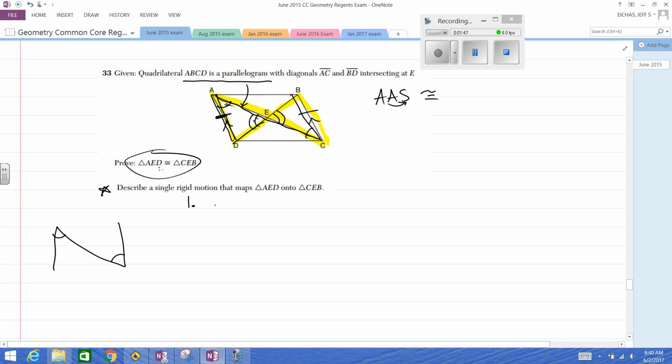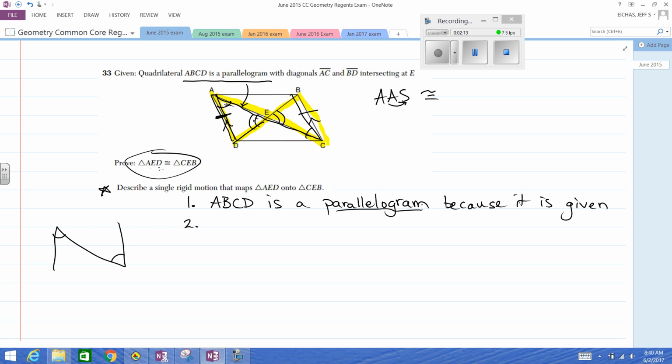First thing I'd like to do is say that ABCD is a parallelogram, and because it's given. Make sure you establish that argument. We're going to use parallelogram later on, so we have to establish it. All right, we'll do this at the same time.